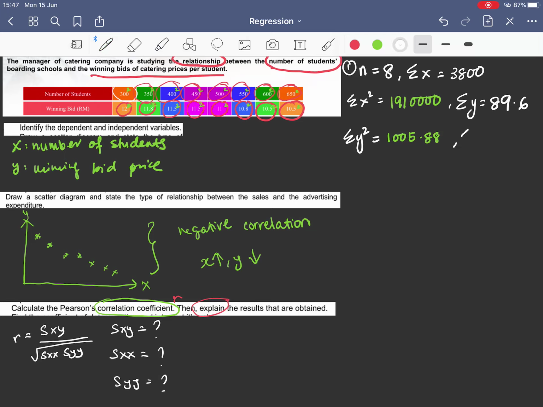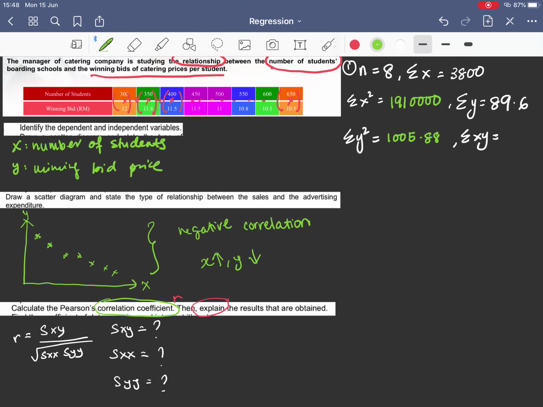And the last one is the summation of x, y. So summation of x, y is 300 times 12 plus 350 times 11.8 plus 400 times 11.5 until 650 times 10.5.